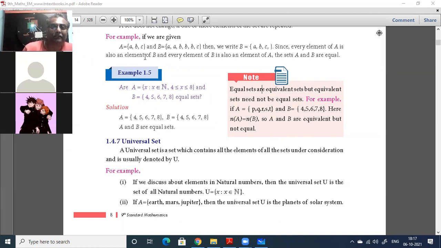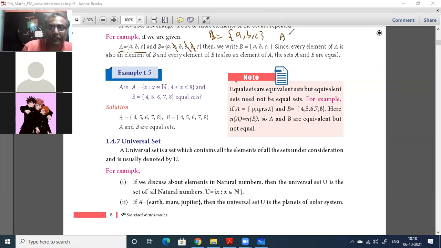Yeah, that's all. What we told earlier is that nothing should repeat. So cancel this, cancel this. This set is actually {a, b, c}, and the same thing this also is.